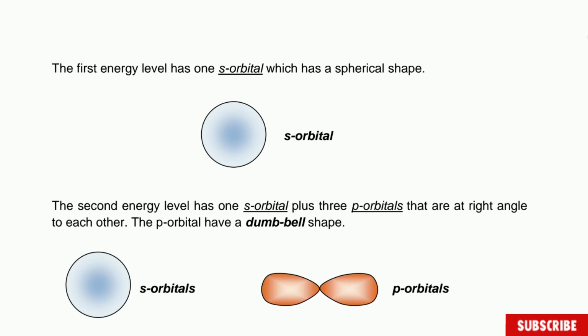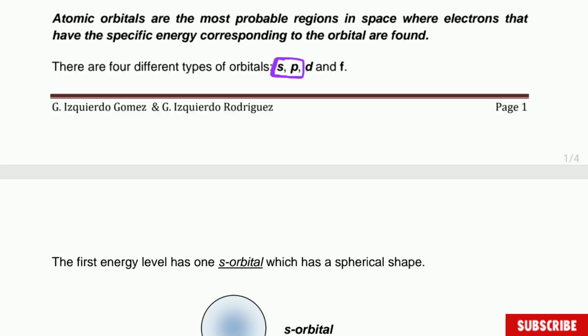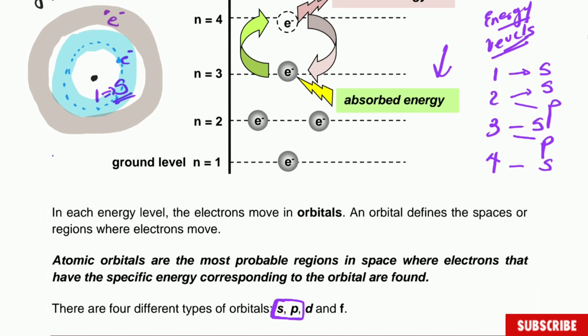Now the second energy level will have orbital s, like we represented here with this color. This one is energy level 2, orbital s, and it has an orbital p, but orbital p does not really look exactly like this one.